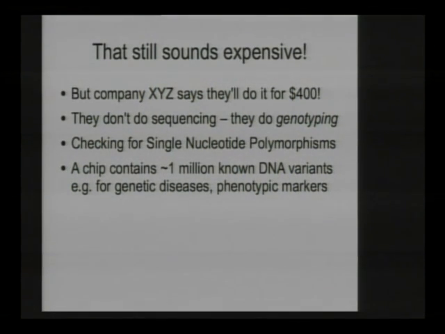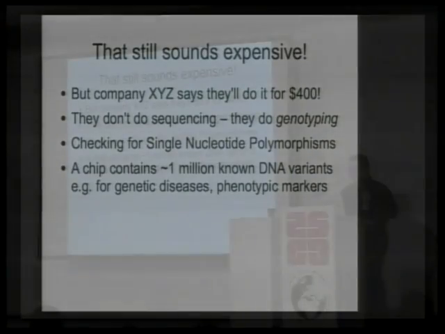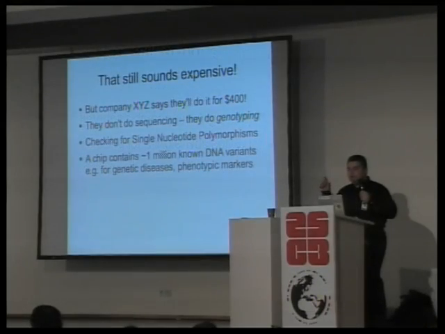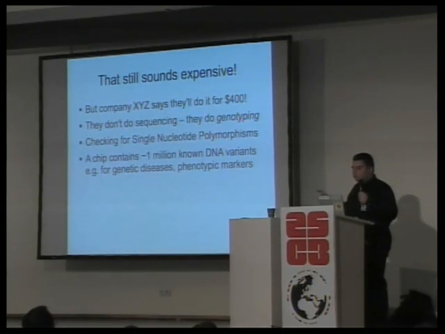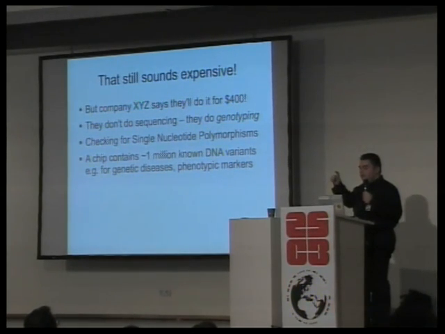So one was an A, one was a T. And then you basically pour your DNA on that, and whatever copy you have will stick to one of these prefixed sequences. And you can detect this again with fluorescence, again with photographic modes.